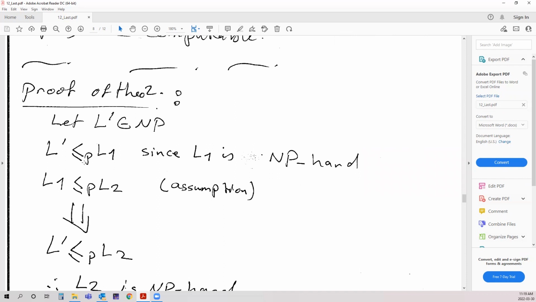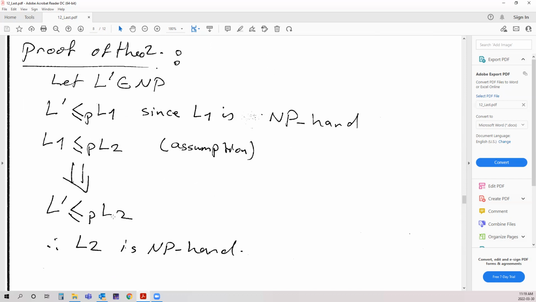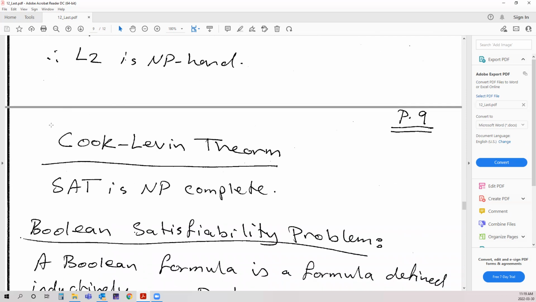So L prime could be reduced to L1 since L1 is NP-hard, and L1 could be reduced to L2 by assumption, then L prime could be, yeah, normally it's the complement, yes. L prime would be the complement.